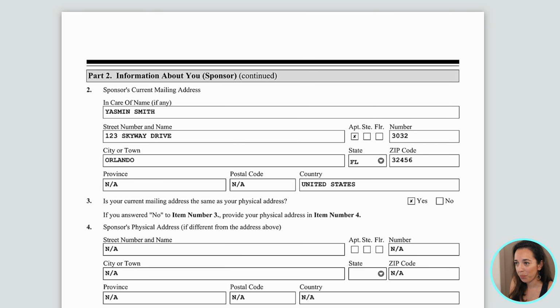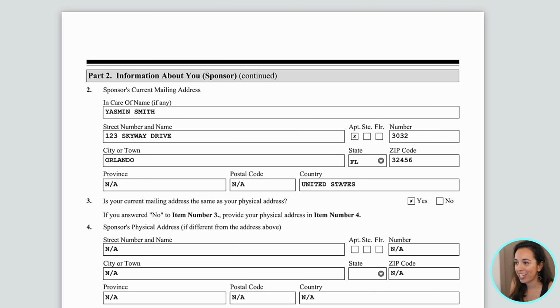On page 2, part 2, question 2, it asks for my current mailing address. So I entered my name, my street address, the city I live, the state, the zip code, and selected country as United States. Question 3 asks, is your current mailing address the same as your physical address?